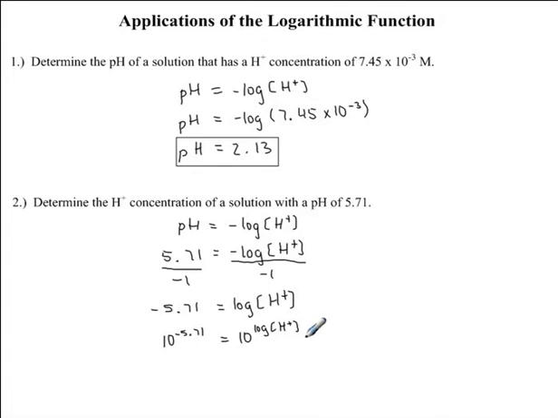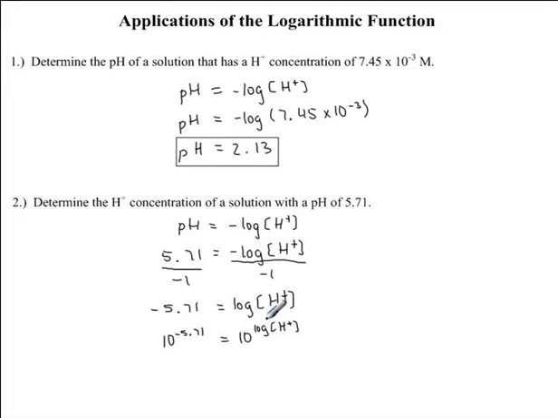Now the reason why I did this is because if we think back to our rules for the logarithmic function, when I have the log of some number as an exponent with a base of 10, this is simply equal to the number following the logarithmic function.